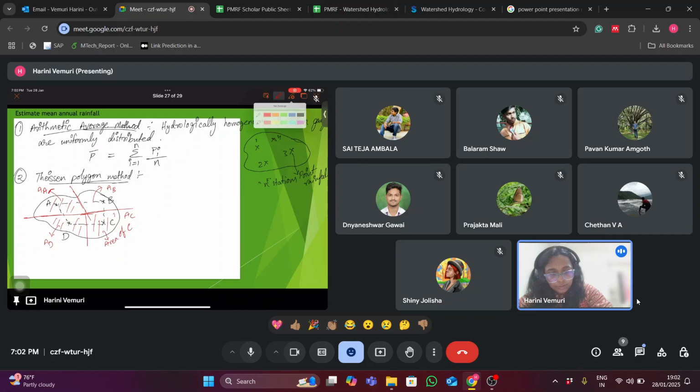Now when we are trying to calculate the spatial average, it will be precipitation at station A into the area contributing for station A, plus precipitation at station B into the area at station B, divided by the total area.